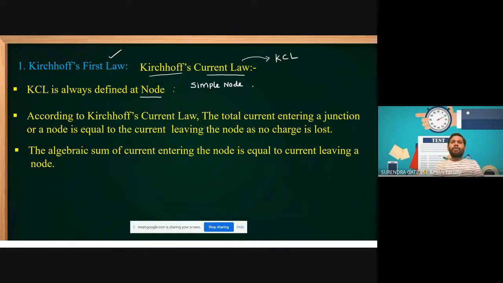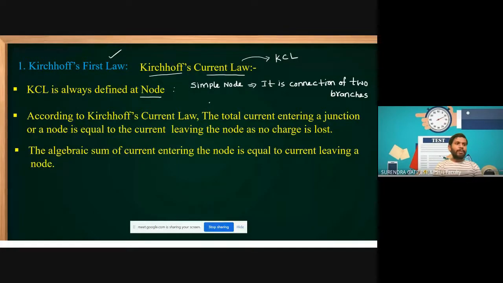A simple node is a connection of minimum two branches. Then it is treated as a simple node.